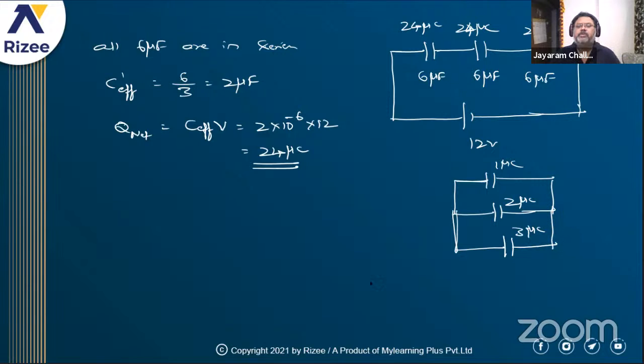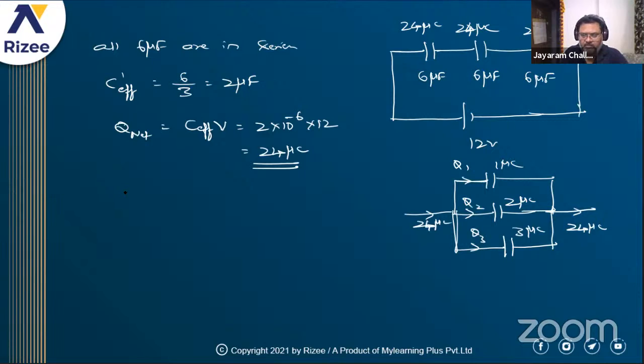So the total charge across all of them is 24 microcoulombs, and this total charge will be distributed in all of them as Q1, Q2 and Q3.